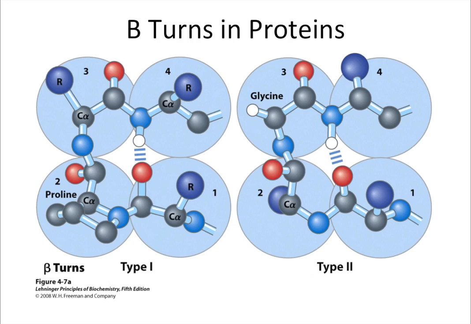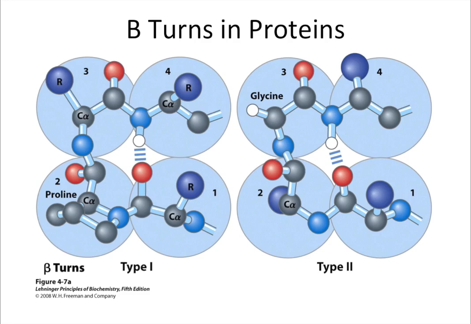Okay. Another type of secondary structure is known as beta turns. This occurs in globular proteins, and it essentially serves as a transition point between alpha helix and beta conformation regions in the protein. And essentially, you can think of the beta turn as coming about as a change of direction of a protein chain.